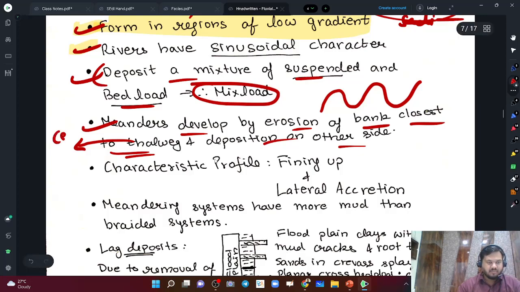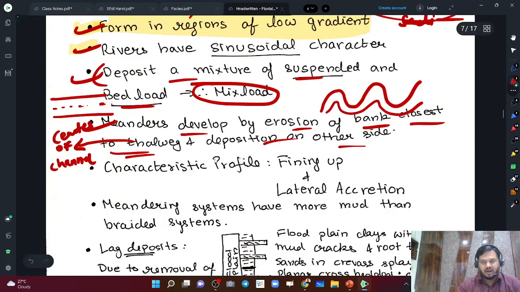Thalweg means the center of the channel, at the bottom, right? So the center is at the bottom. This is the thalweg of the river, the center of the river. So basically this is saying that erosion happens on the outer surface and deposition happens on the inner surface. Simple. This is what it is saying.